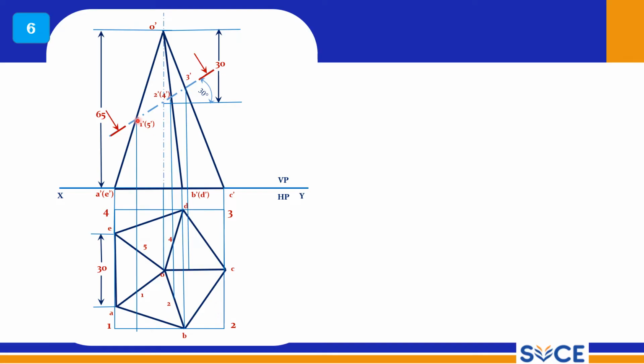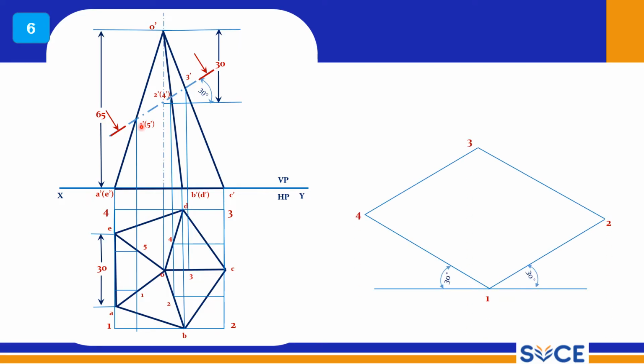This point 1 is on the AO line, and 2 is here, 2 is on the OB line, 3 is here on the OC line, and 4 is here on the OD line, and on the OE line you have point number 5. So totally 5 points you have here, and these are the cutting points.